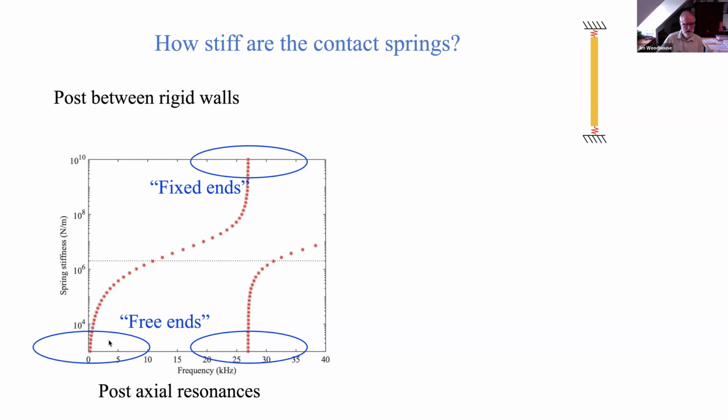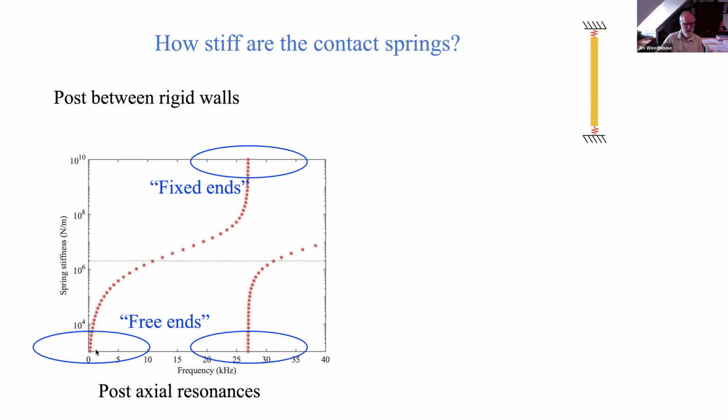And what you see is that if the spring stiffness is really weak, so super loose post, then in the end, the first resonance goes all the way down to 0, or more or less zero, and that simply represents the post bouncing between these not very stiff springs, not deforming at all, just as a mass between the springs.